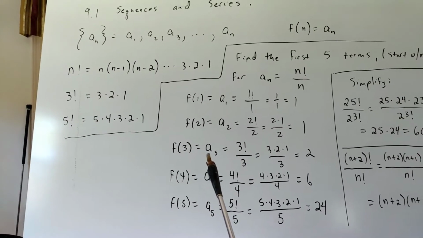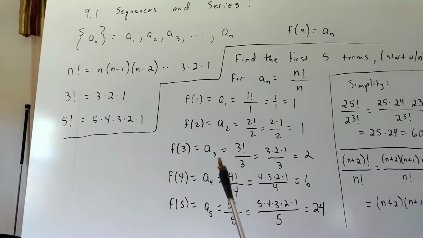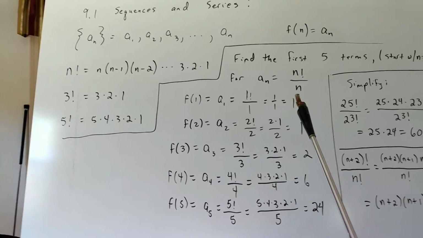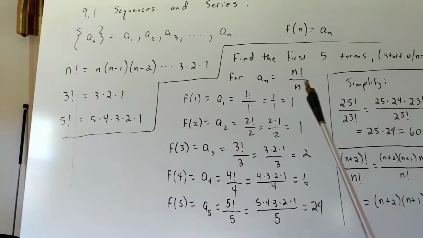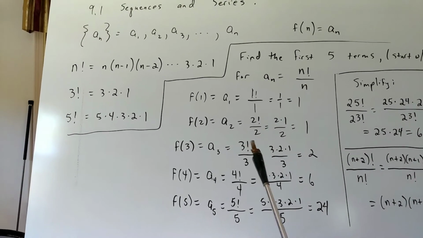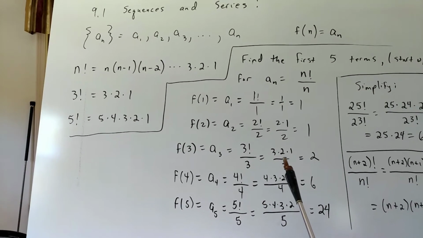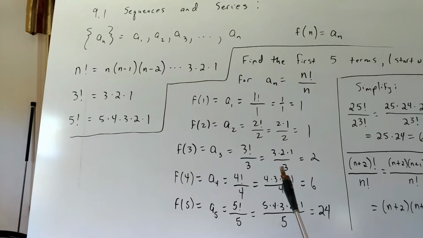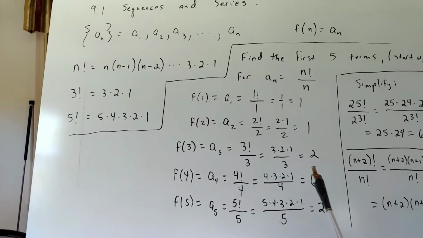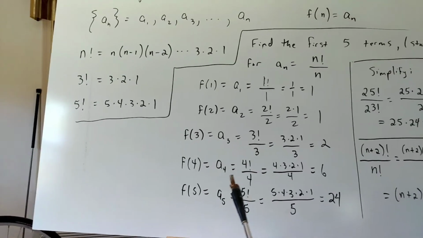F of 3 will give me the third term, a sub 3. For this given sequence, a sub 3 is equal to 3 factorial over 3. 3 factorial over 3 equals 3 times 2 times 1 over 3. The 3's cancel. 2 times 1 equals 2. So the third term is 2.